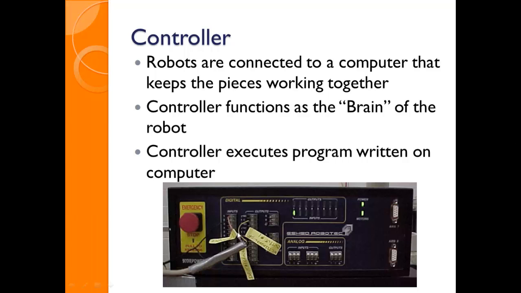This is digital inputs, digital outputs, and there are indicators there. These are some analog inputs and analog outputs. This is where you connect some peripherals, and you might can read that says axis 7 and axis 8. The controller is the brain of the robot. It executes the program that's written and loaded on it. It does it exactly. So remember, if the robot's not doing what you want, it's doing what you told it to do.